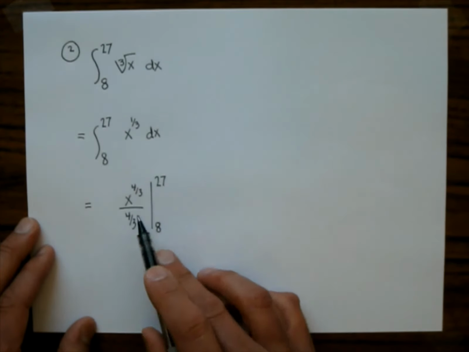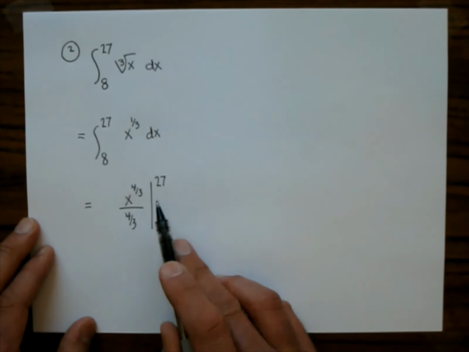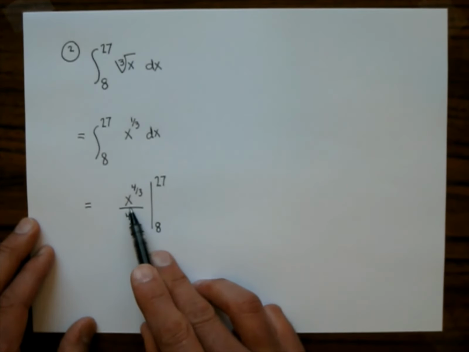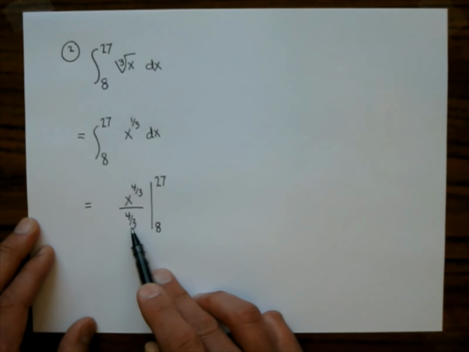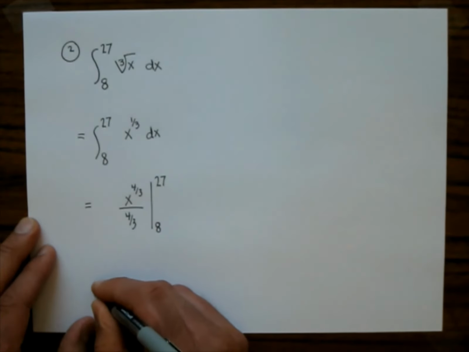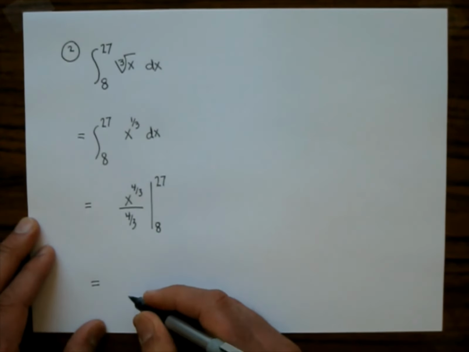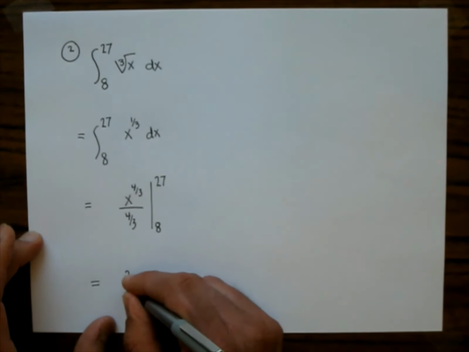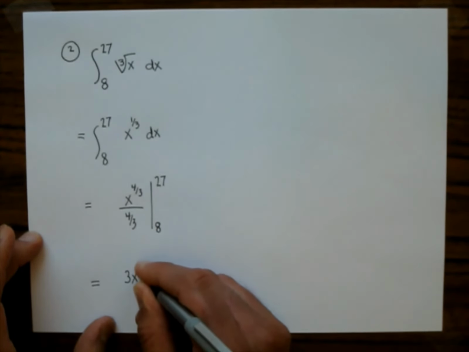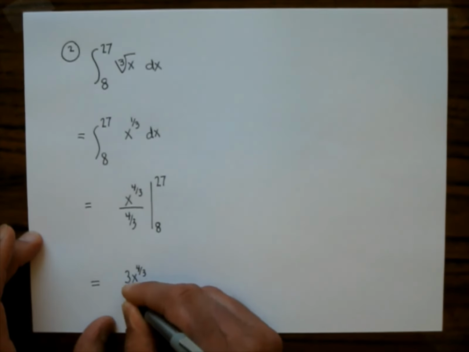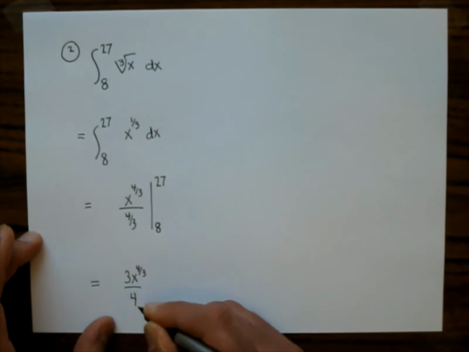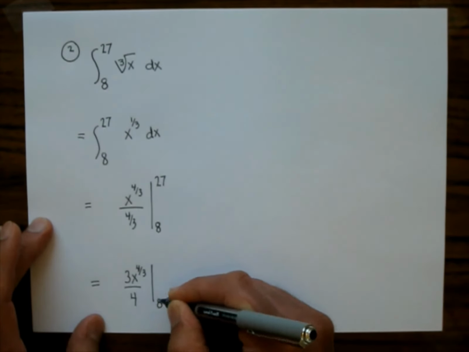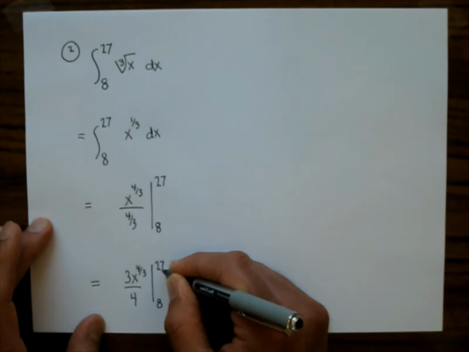Now, before I evaluate this function here at 27 and 8, I think I'm going to rearrange this. I'm going to do a copy dot flip, because the top is over 1 and the bottom I'm going to flip it. And so when all that is done, I end up getting 3x to the 4/3 power all over 4. This gets evaluated from 8 to 27.